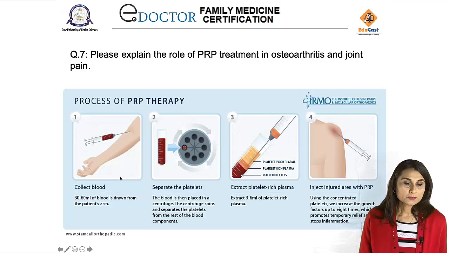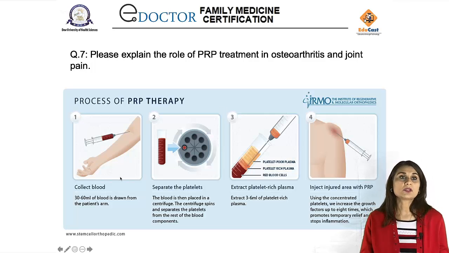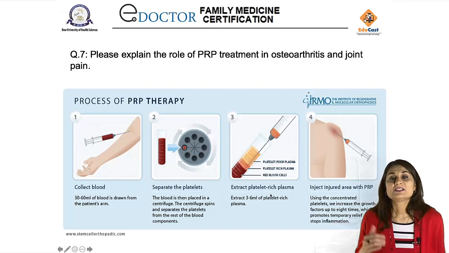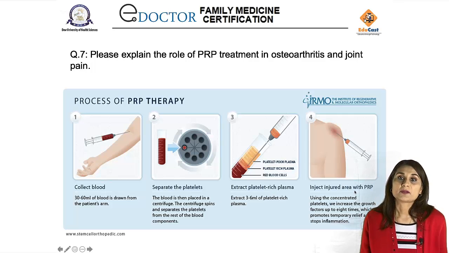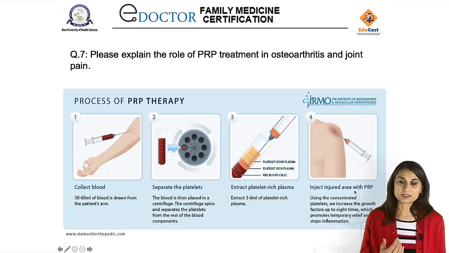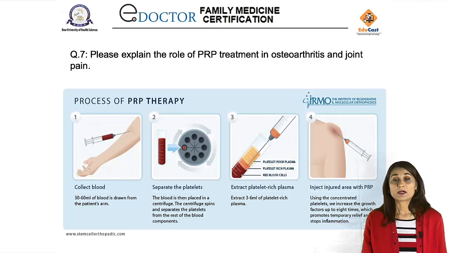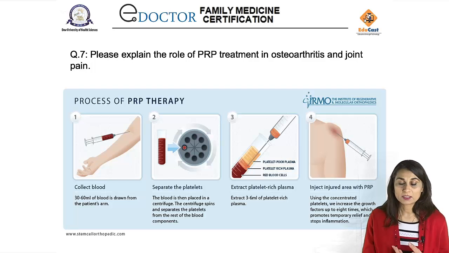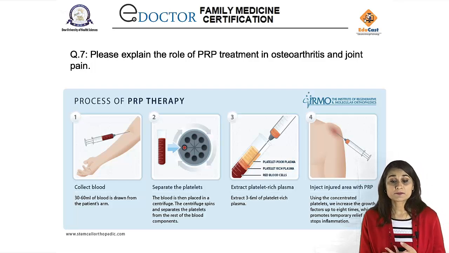How are we going to do it? We collect the blood from the patient's arm. Then we separate the platelets, extract the platelet-rich plasma, and inject it into the area. PRP injections are non-surgical treatments. We can use them for tendinitis, like tennis elbow and rotator cuff tear.